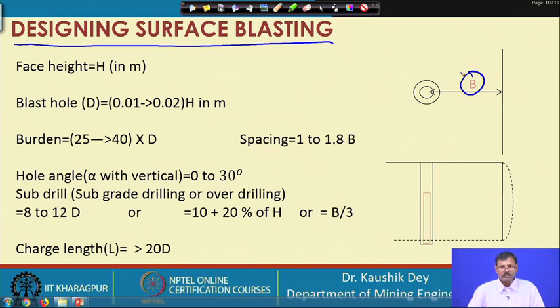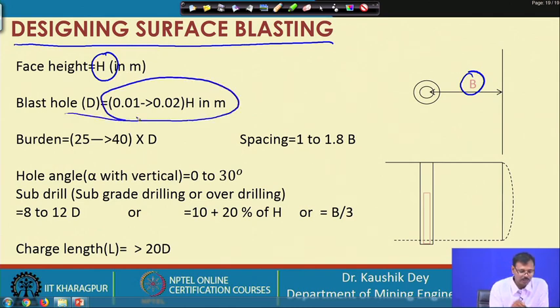Generally, one criterion we will discuss here is where we can start with the bench height, and as a rule of thumb, when we are trying to design a blast, we will select our blast hole diameter as a function of the height.